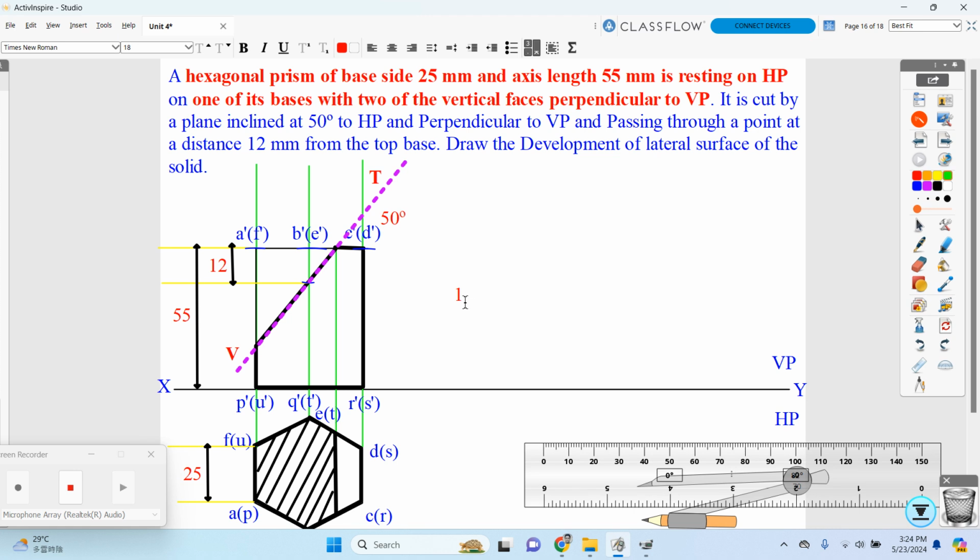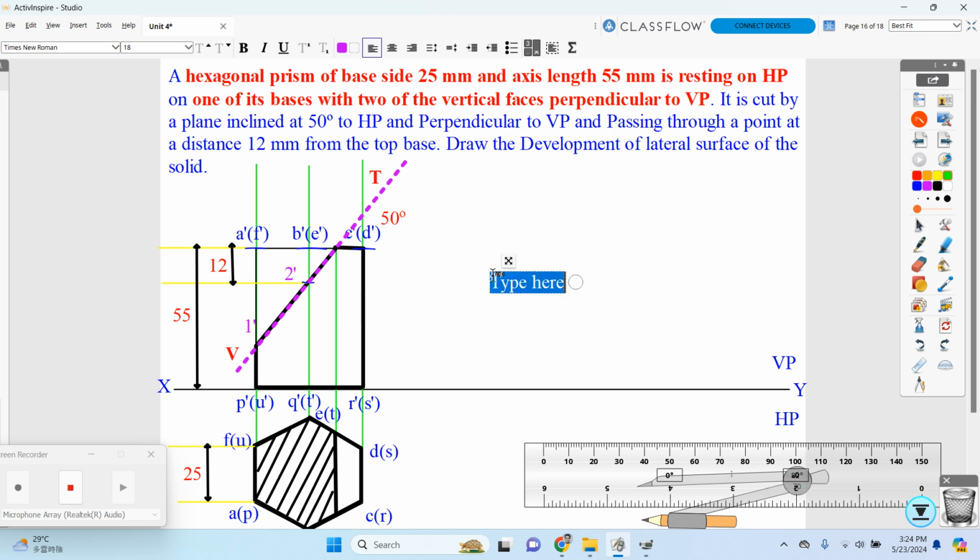I am going to consider my first cutting plane point as 1. This is my 1, that is 1 dash. Then this is my 2 dash, my second point.